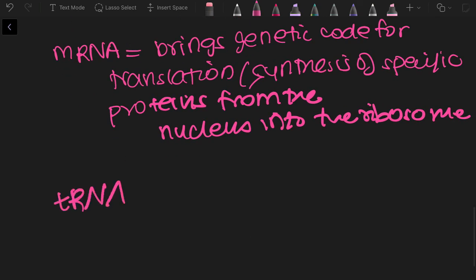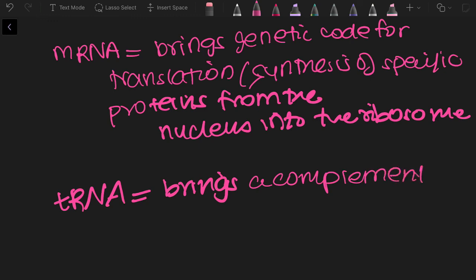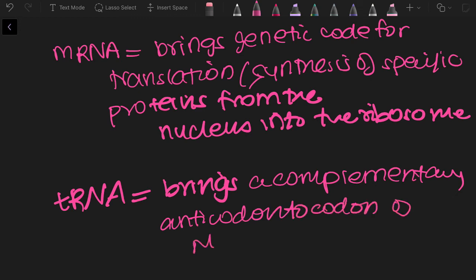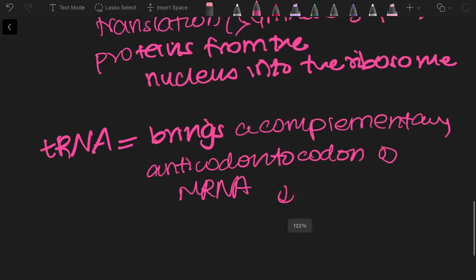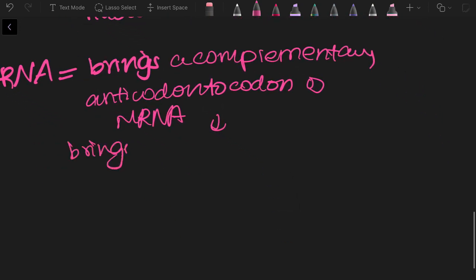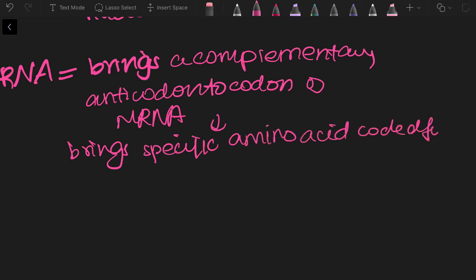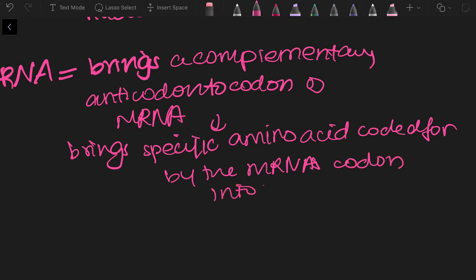Next thing was tRNA. tRNA brings a complementary anticodon to the codon of the mRNA. And based on this, it will bring a specific amino acid, coded for by the mRNA's codon, into the ribosome.